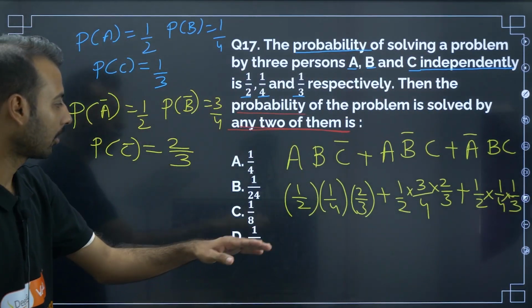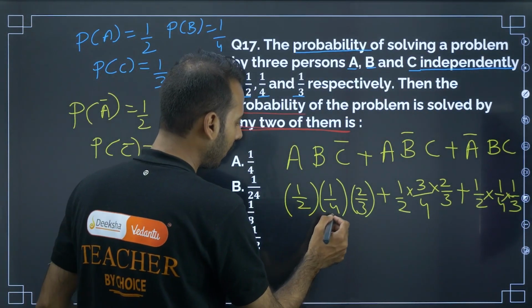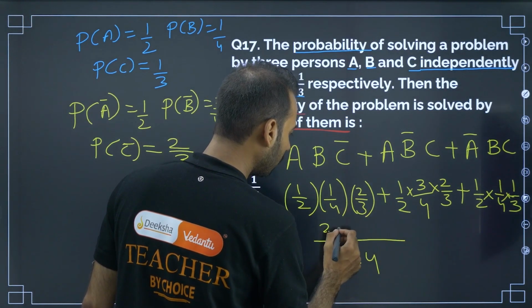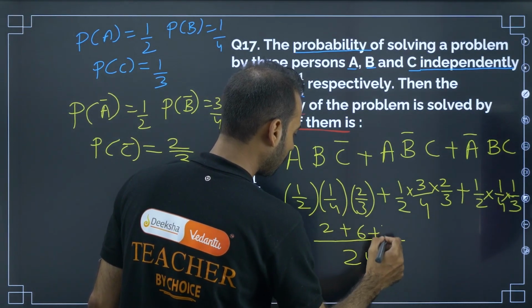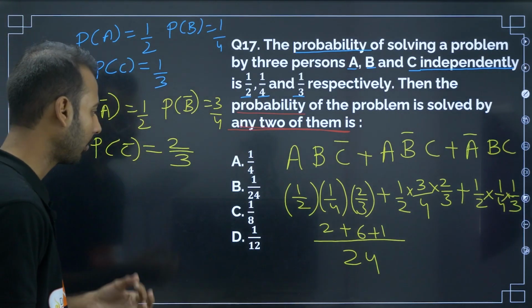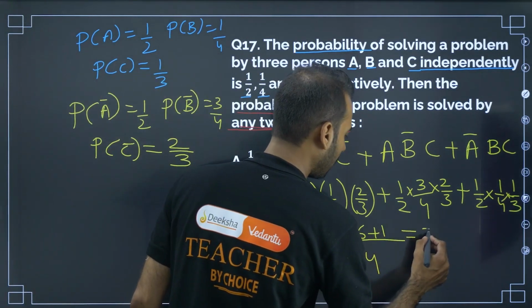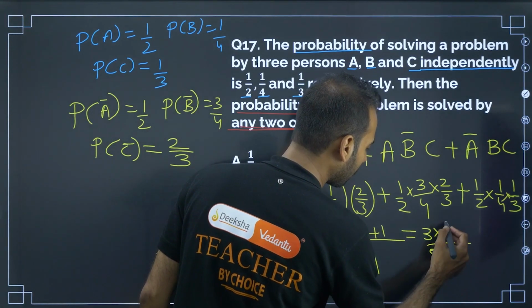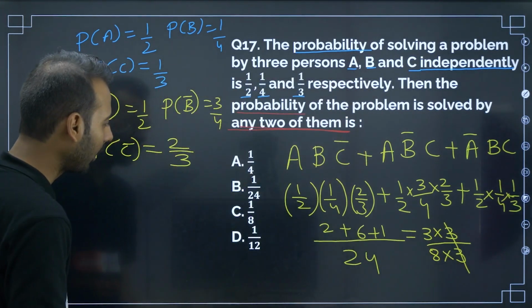So if you do calculation, 2 4s are 8, 8 3s are 24, denominator 24, 2 plus 6 plus 1, 9 by 24. 9 can be written as 3 into 3 and 24 as 8 into 3. So cancelling 3 and 3, 3 by 8.